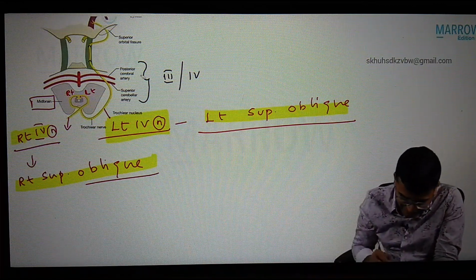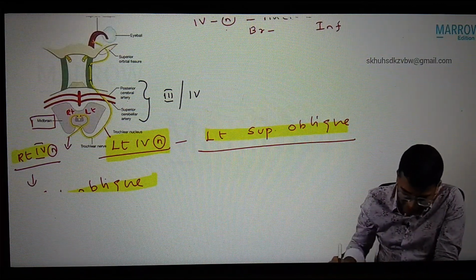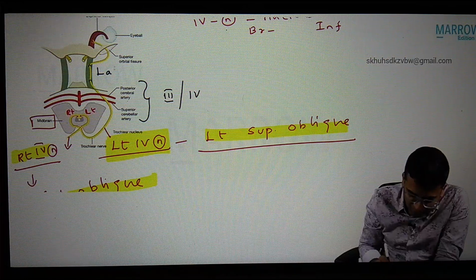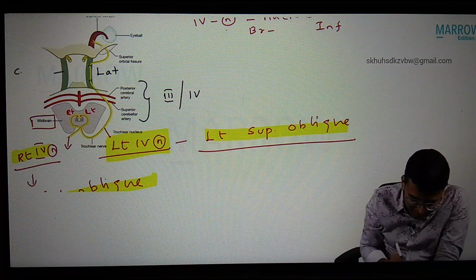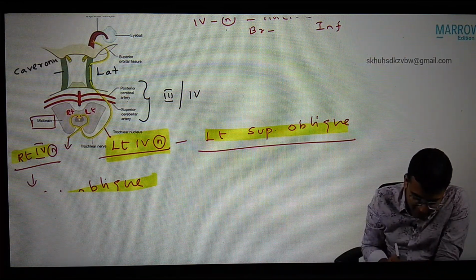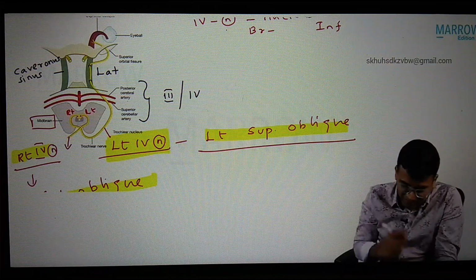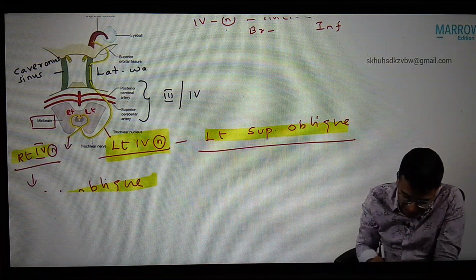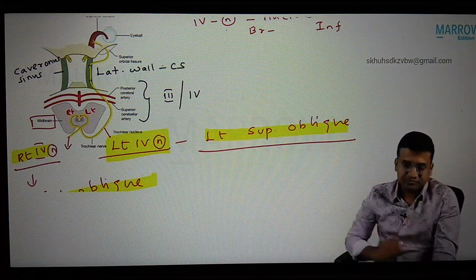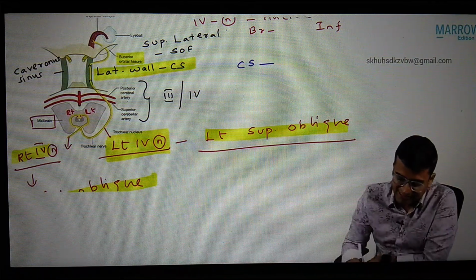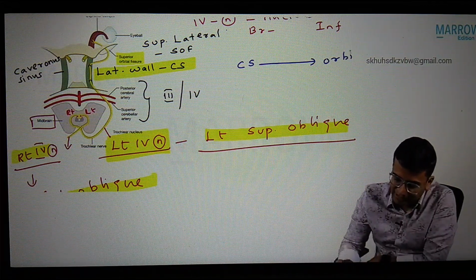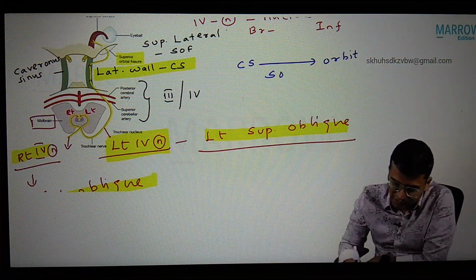Now in the cavernous sinus, the trochlear nerve is passing in the lateral wall of the cavernous sinus. This green color is our cavernous sinus. From the cavernous sinus, it is entering the orbit via the superior orbital fissure.